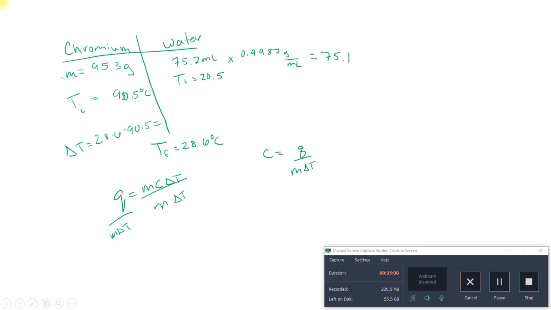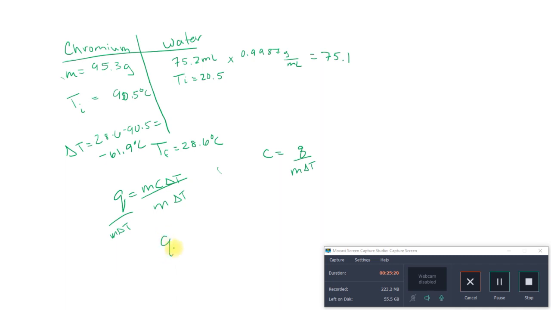This will be a negative number because the metal is cooling off. So I expect a negative number. Please resist the impulse to turn that into a positive, because you can't have a positive temperature change for two separate objects. That won't work. Okay? So if we can just find the Q here, we're good.